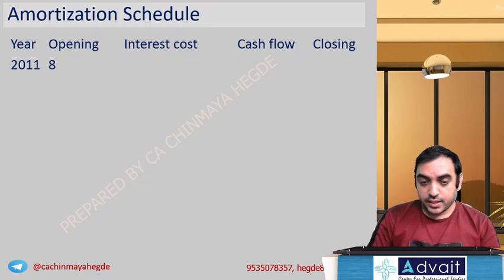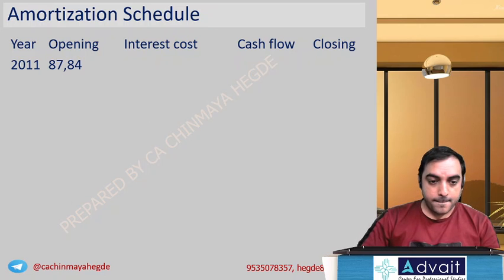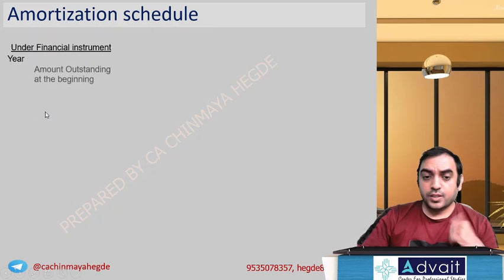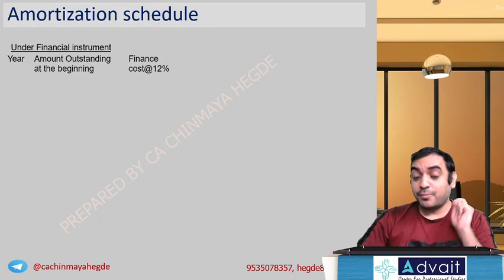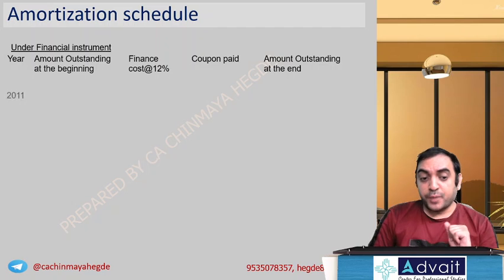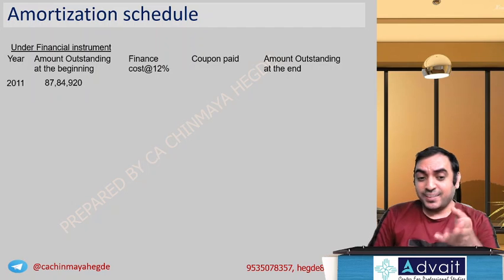We just calculated 87 lakh 84,920. Use this and prepare the table. Amortization schedule: year, opening balance, finance cost at 12% market rate, coupon paid, amount outstanding at the end. You start from 2011, with the amount outstanding at the beginning, 87,84,920.